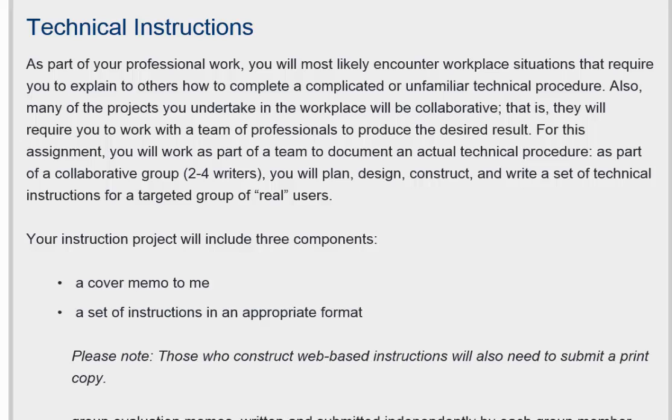Writing technical instructions puts into play many of the technical writing considerations that we will cover in this course. You need to know how to balance text and visuals. You need to know how to use visuals that are effective and get across information that could not as effectively be gotten across through text alone.